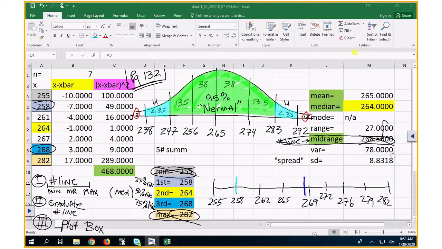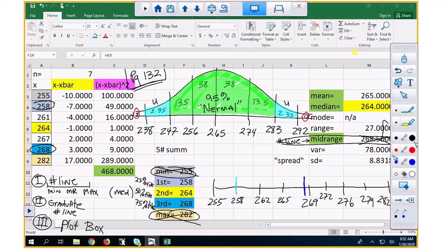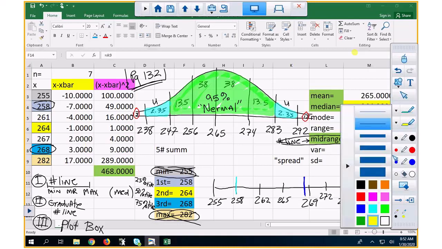Is this rocket science? No. Does it have to be exactly right? No. Because what you're doing is you're trying to see if it is normal or skewed left or skewed right. And the middle, yellow. For those of y'all from around here, that's yeller. Yeller is 264.